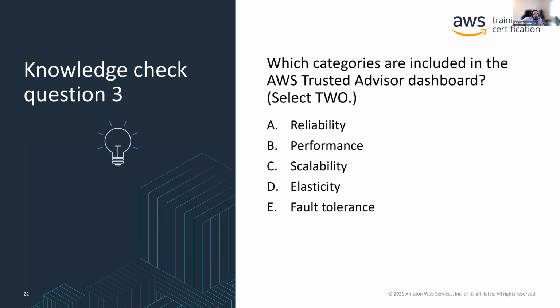Which categories are included in the Trusted Advisor dashboard? So based on that dashboard that we were just looking at, there were 5 categories there, including service quotas, cost optimization. What were the other 2?